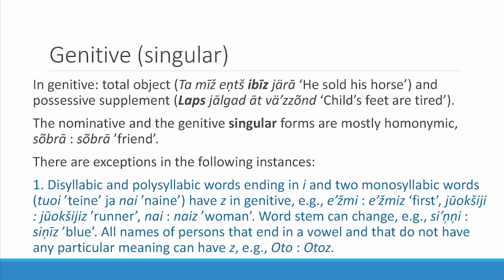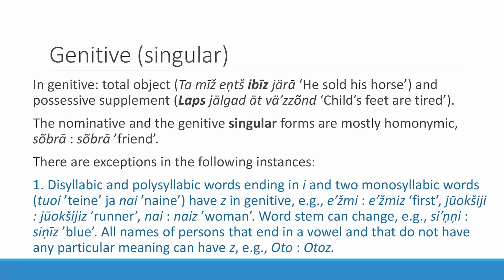So you also use the genitive in these cases. And as I said, the nominative and genitive singular forms are mostly homonymic, like this example of the word friend, sõbra and sõbra. So this is the general rule for the genitive singular.